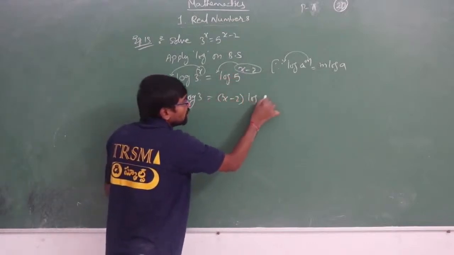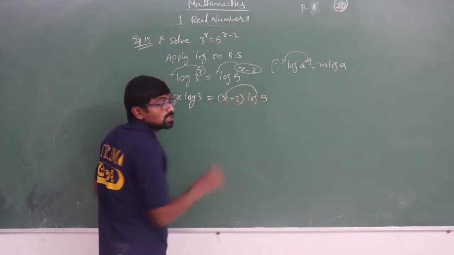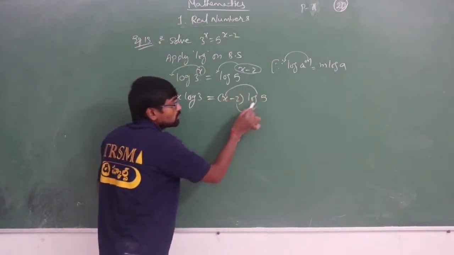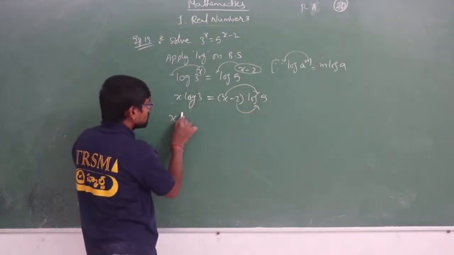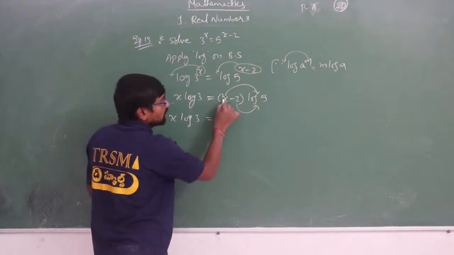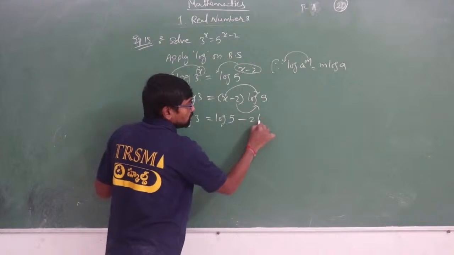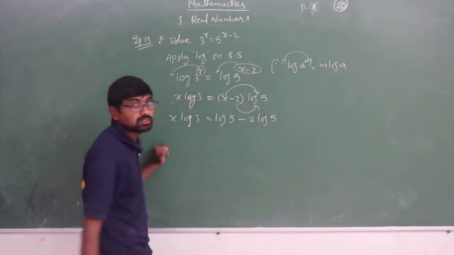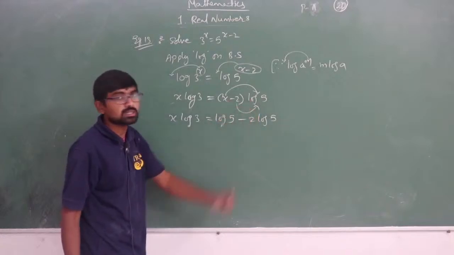Now in the multiplication, x is multiplied one time with log 5 and minus 2 is also multiplied with log 5 the second time. So log 3 is equal to x into log 5 minus 2 into log 5, isn't it? These two terms are multiplied by this single term.